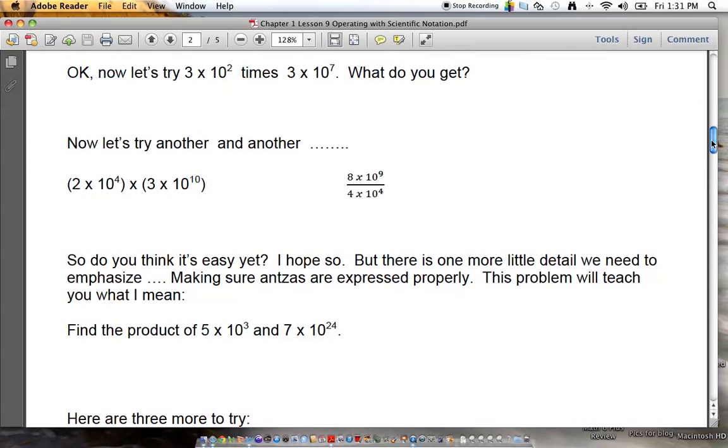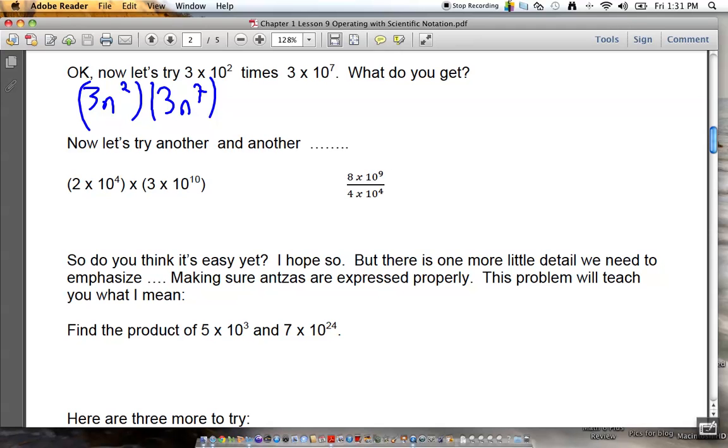Okay, so now we got a new question. The new question is this. 3 times 10 to the second times 3 times 10 to the 7th. Now remember, just a minute ago, we did this. 3n to the second times 3n to the 7th, and we said multiply coefficients and do what to the exponents?